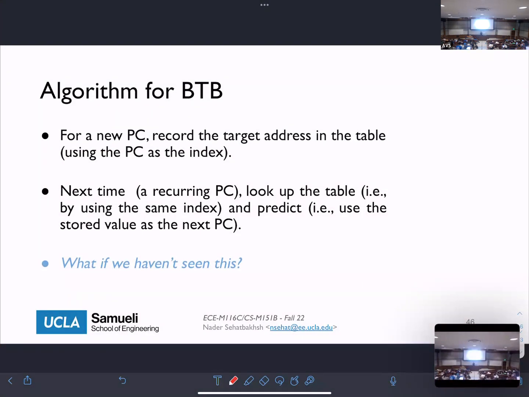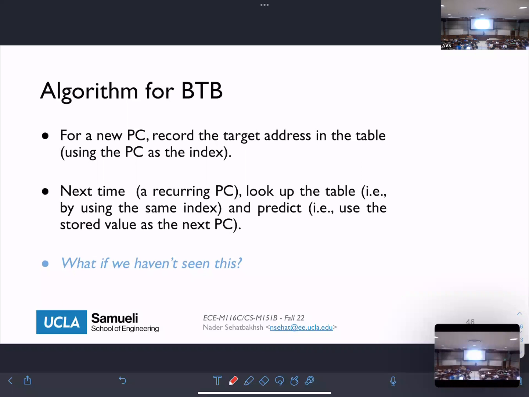For a new PC, a branch that we haven't seen before, we record the target address into our table. For every new branch that we haven't seen before, we just need to put a new entry into our table. Later on, we're going to talk about how we do it for the first time and so on.